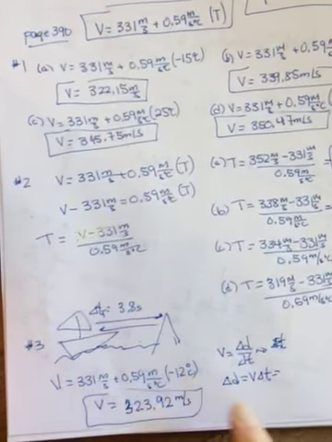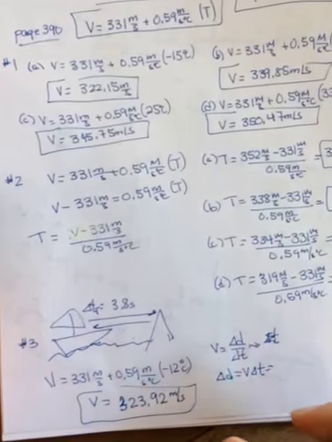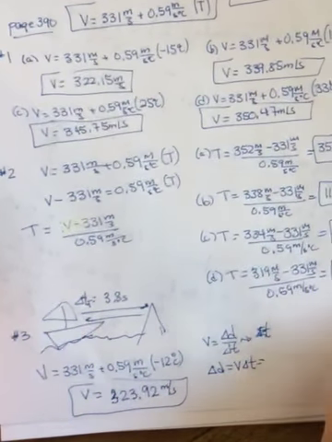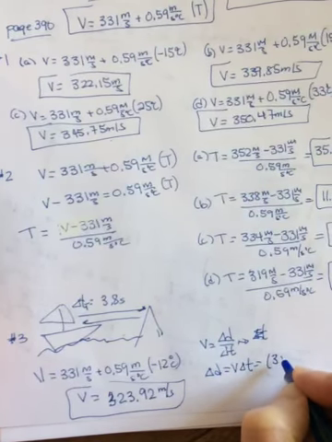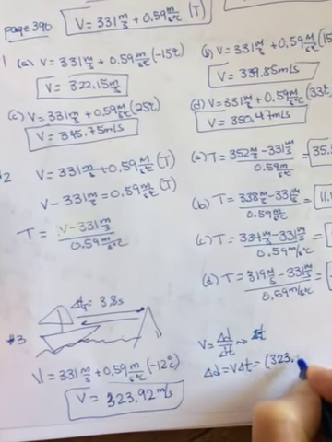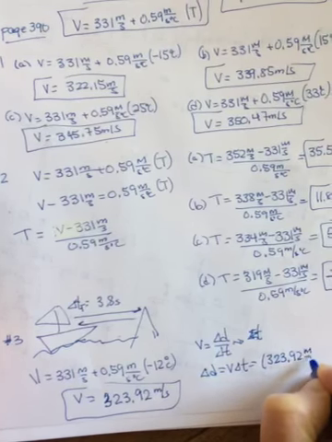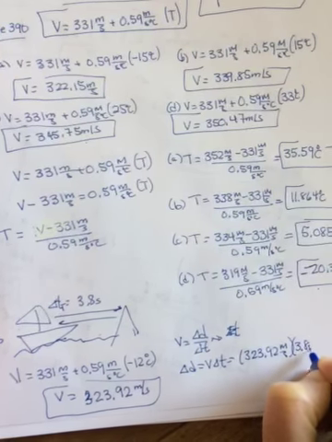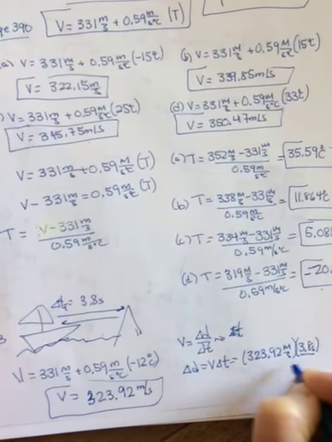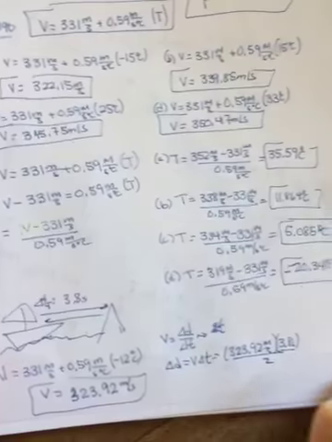Now, if you use the whole time, you're going to get the distance over and back, and you'll have to divide it by 2. Or you could divide the time by 2 to start with. Either one will work. So 323.92 meters per second times 3.8 seconds, and you can either put just this over 2 or the whole thing over 2.